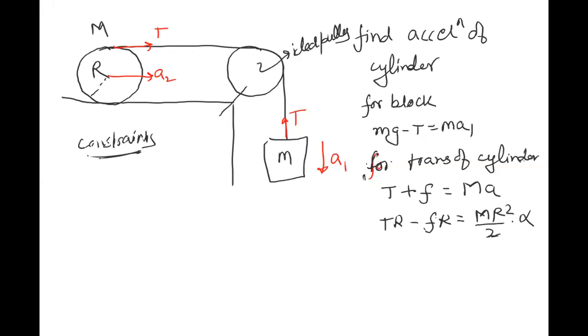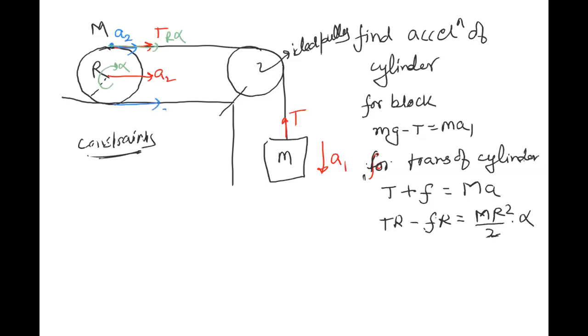Look at the constraint, very, very important. Acceleration of this point due to translation is a2. Since it is having angular acceleration alpha, it must also be r alpha.